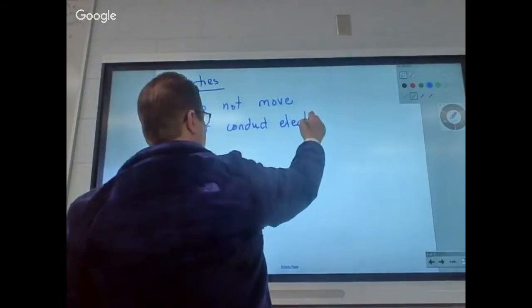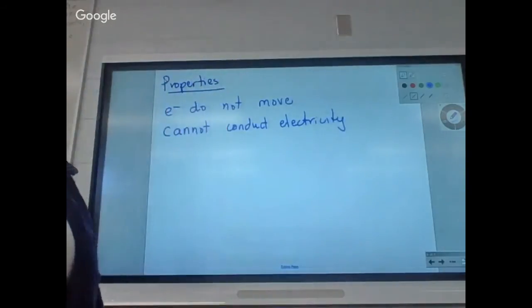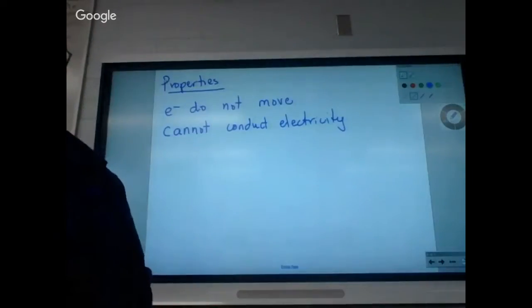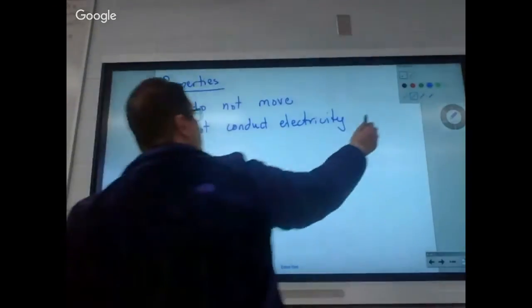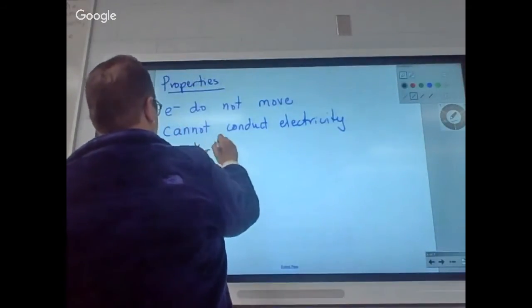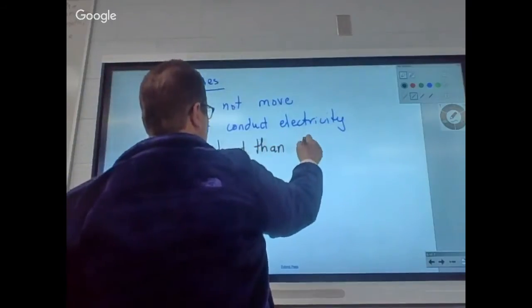All right, what else? They can't conduct electricity. Lower boiling point, melting point. All right, so they're a weaker bond than metallic.